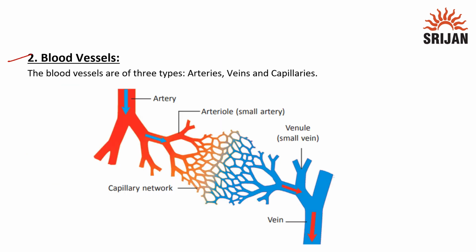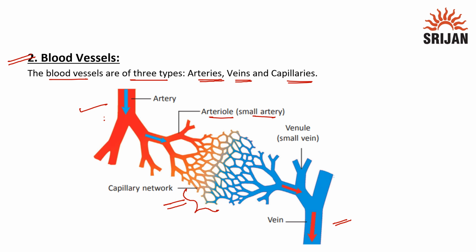Next we have blood vessels. The blood vessels are of three types: arteries, veins and capillaries. So this is a artery, this is capillary network and this is vein. Artery carry oxygenated blood and it further branches to form arteriole, which is small artery, which again branches to form capillary network.